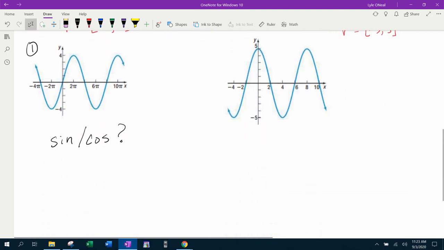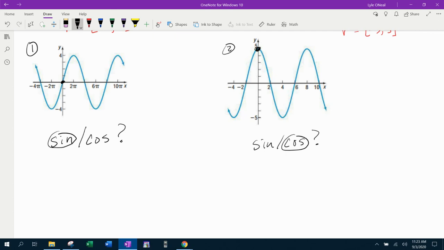So our first example here starts and goes through the origin, so that's going to make this a sine. Our second example actually starts at 5. It does not go through the origin. And so if I'm trying to figure out if this is a sine or a cosine, this one would be a cosine because it doesn't start at the origin.